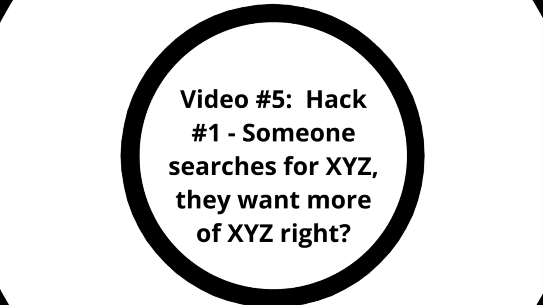They might find it, but then they're going to look for more of that. In other words, they search for XYZ, they want more of XYZ, right? So how can you make it easier for them to find that information, such as related posts? What kind of plugins can you use to help you with that?